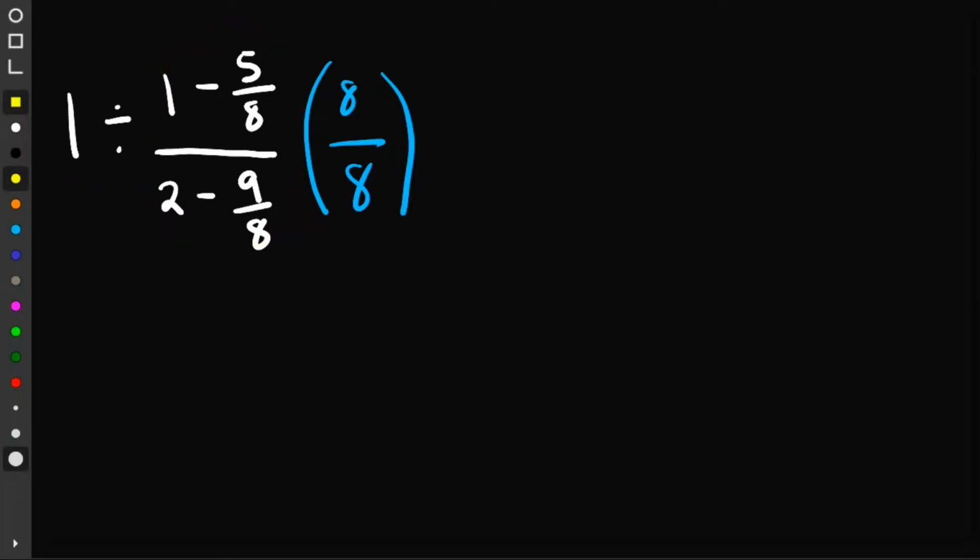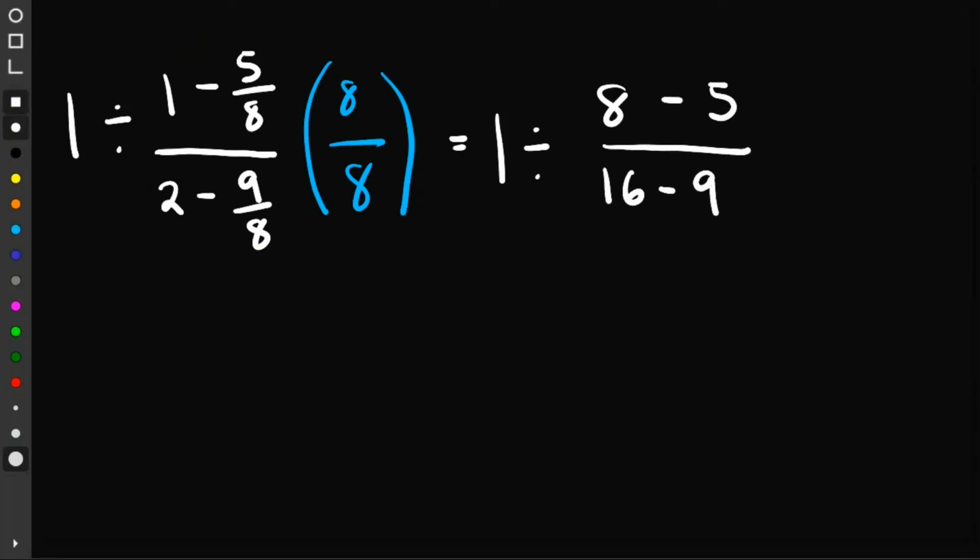So we'll try to eliminate first the complex fraction, since it's sore in our eyes. So this one is equal to 1 divided by 8 minus 5, since the denominator would cancel out here, all over 2 times 8 is 16 minus 9. So this one is equal to 1 divided by 3 all over 7.